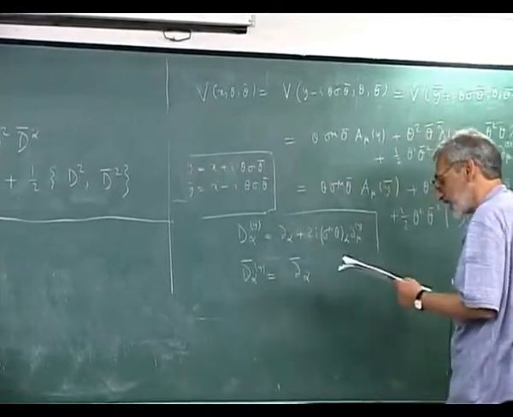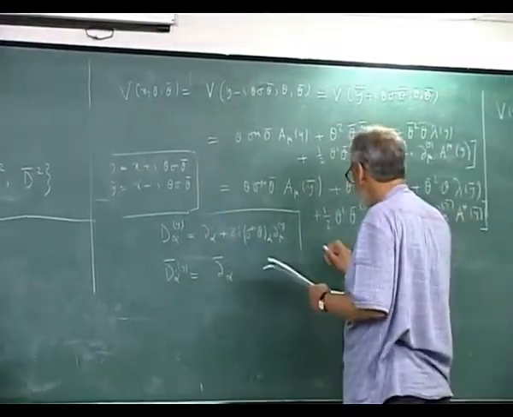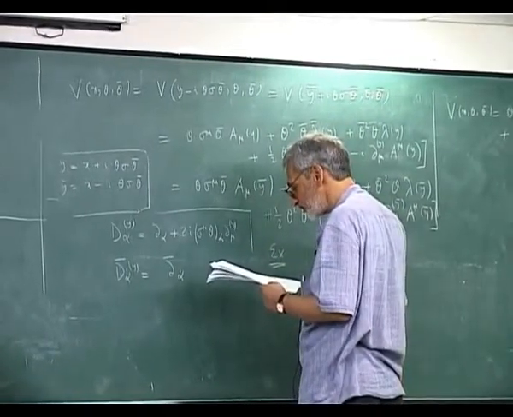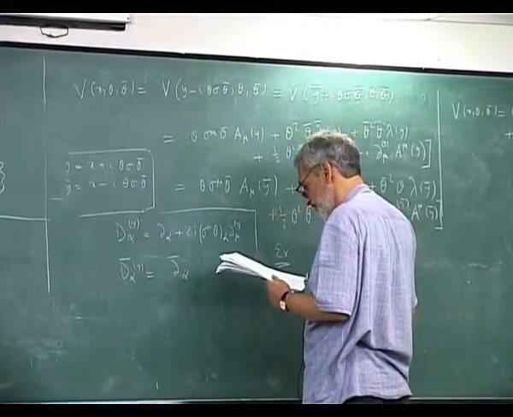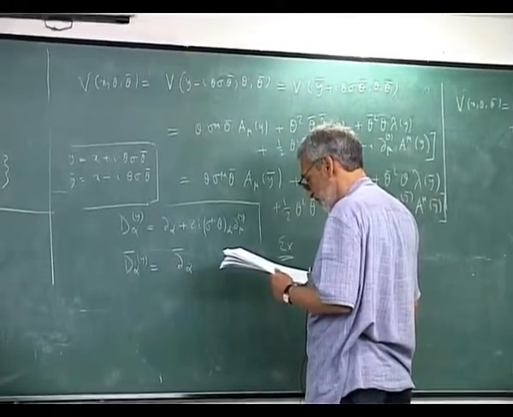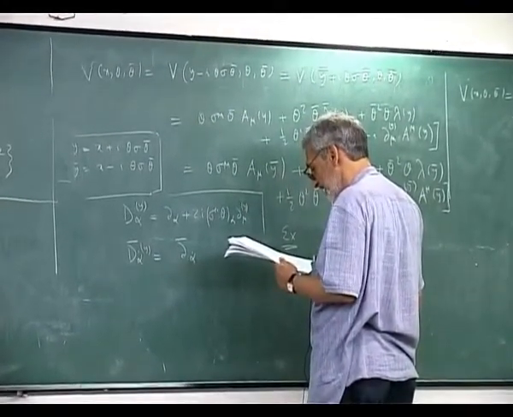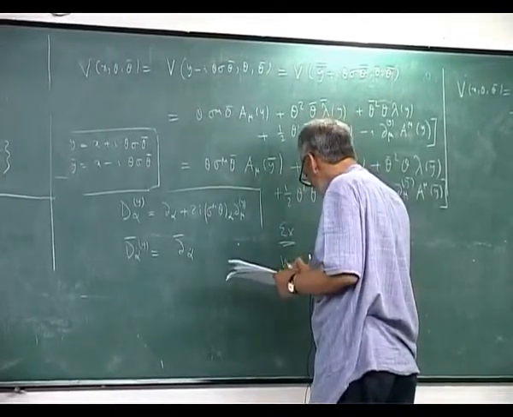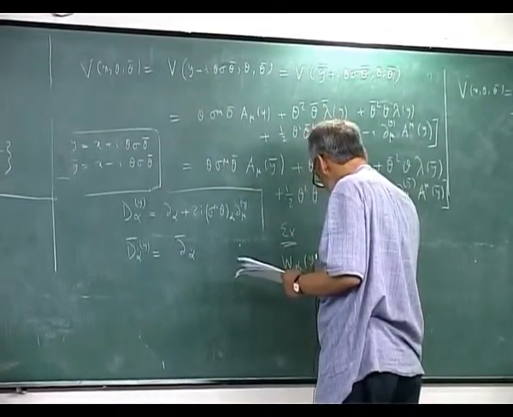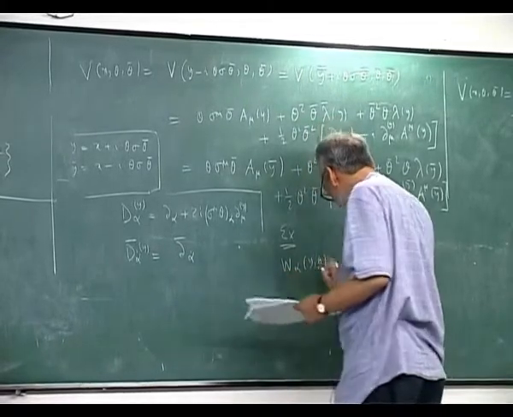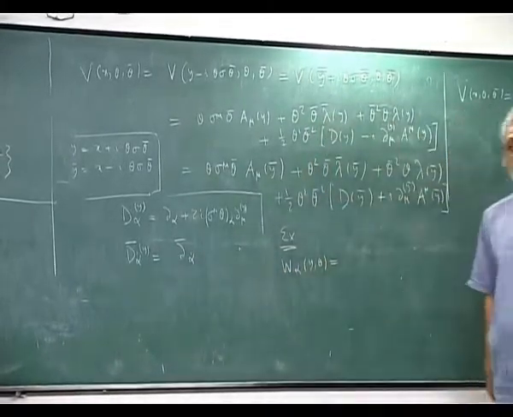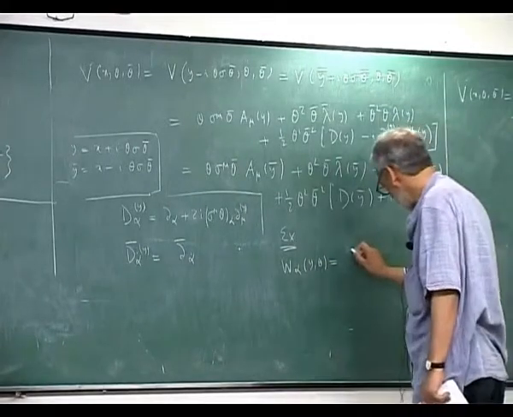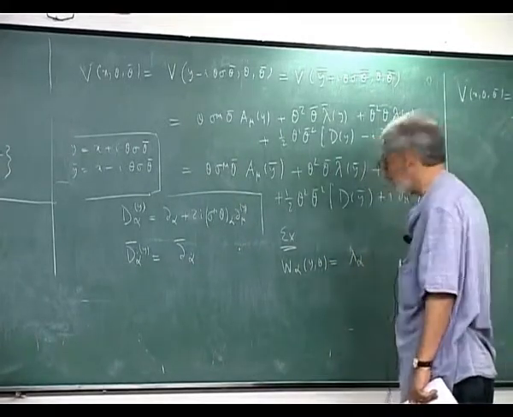So this I think I'll leave as an exercise now. You work this out. Work out that W alpha, which is a function of y and theta because it's a chiral superfield, has as its first component lambda alpha.